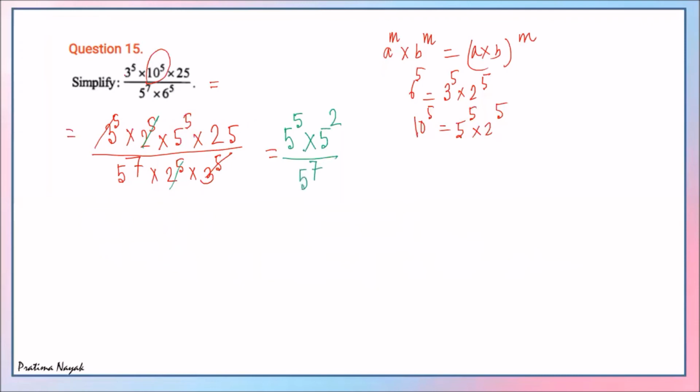So 5 to the power 5 into 5 to the power 2, how much will it be? It will be 5 to the power 7. So 5 to the power 7 upon 5 to the power 7. What is the answer? The answer is 1. There was such a big expression, but we made it into 1 because we know the rules of exponents.